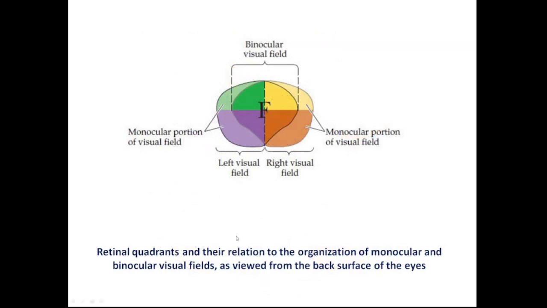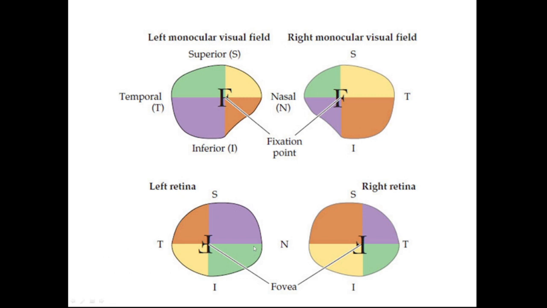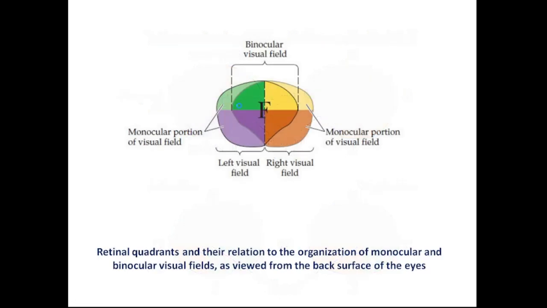So this is called the monocular field of vision. These are in the monocular field of vision. This is for the right eye, and this one is for the left eye. And when these two fields merge, it creates the binocular field of vision.